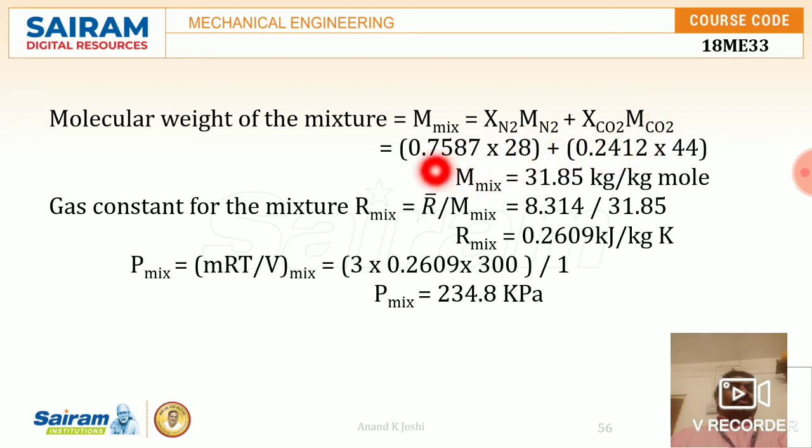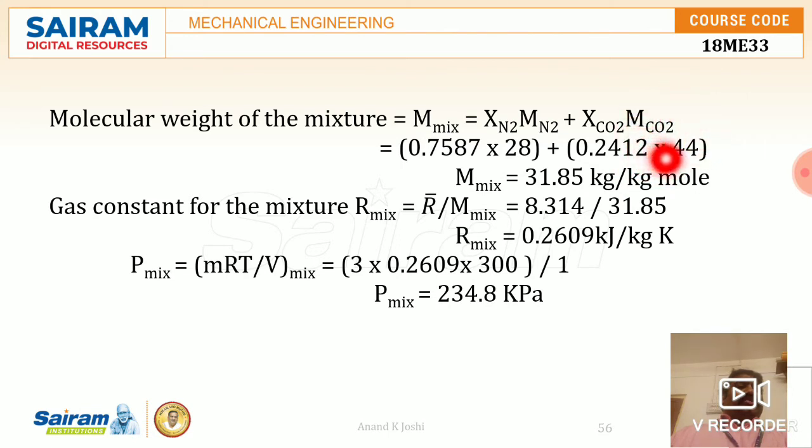Now we are going to substitute those values. xN2 is 0.7587. The molecular weight of N2 is 28, that is 14 into 2, plus xCO2, the mole fraction, that is 0.2412, into the molecular weight of CO2.